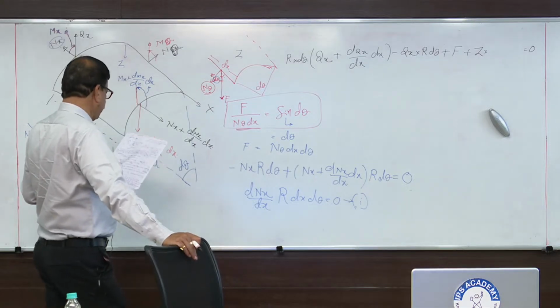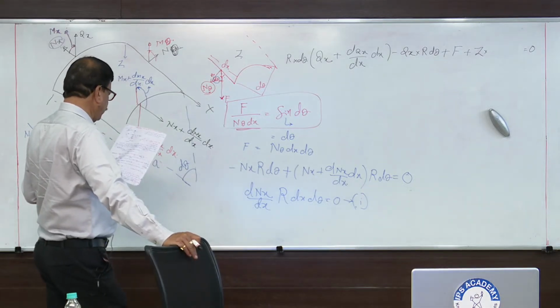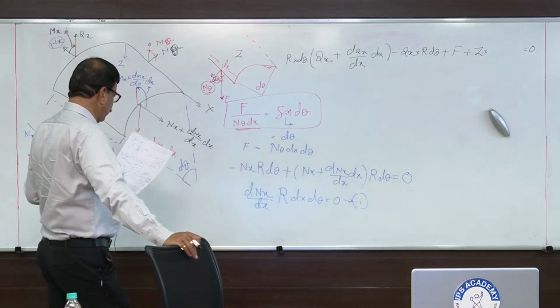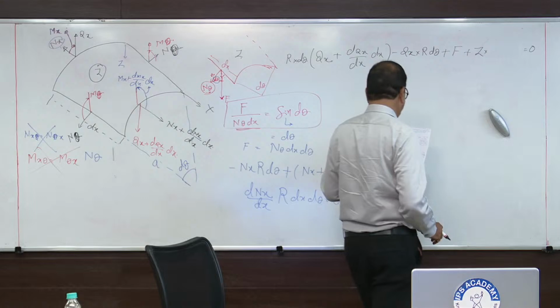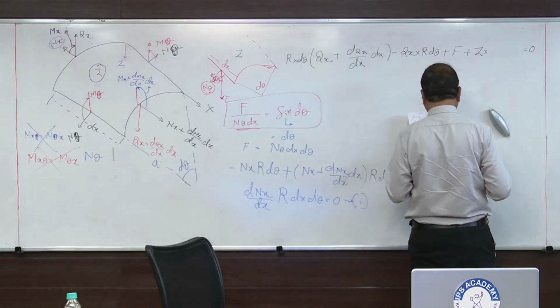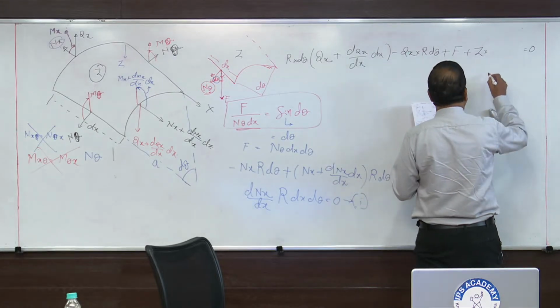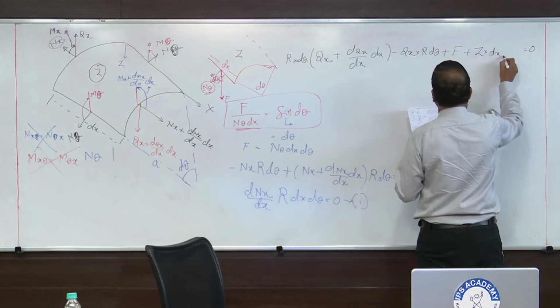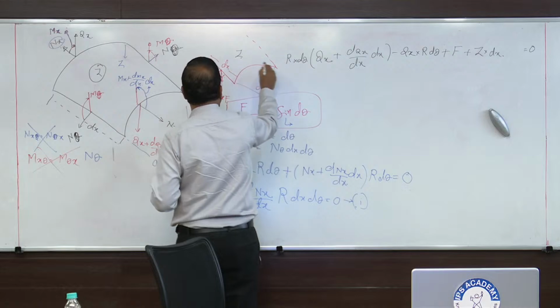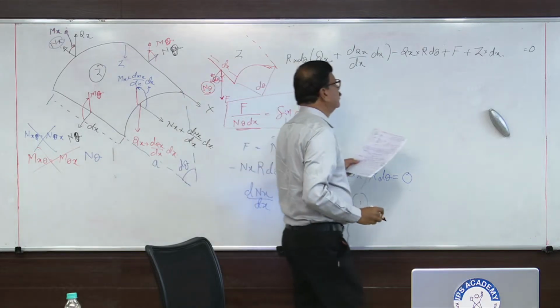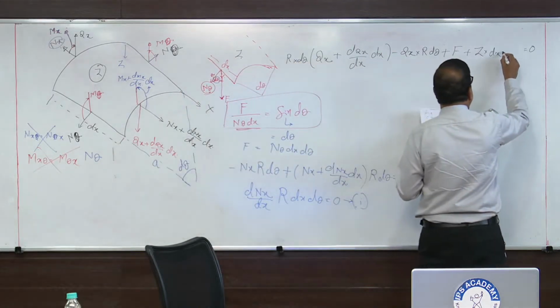Sir, dx into r d theta. How? Sir, area. So one side is the dx, and the other side is r d theta.